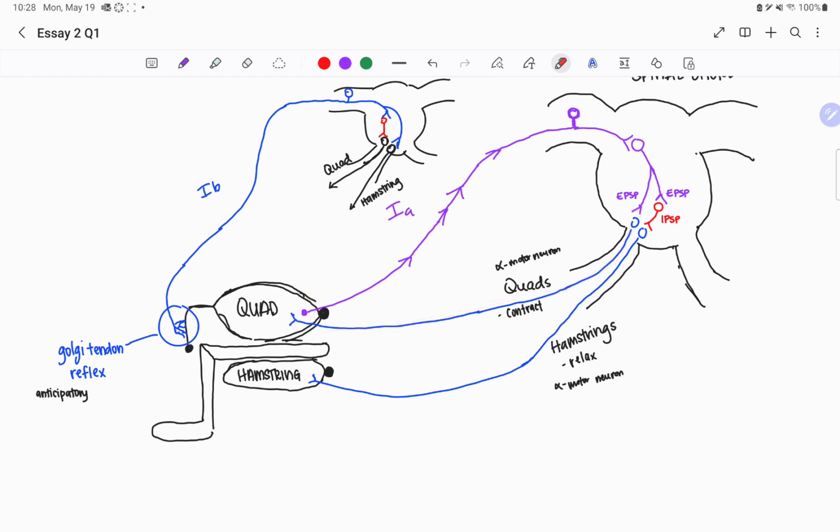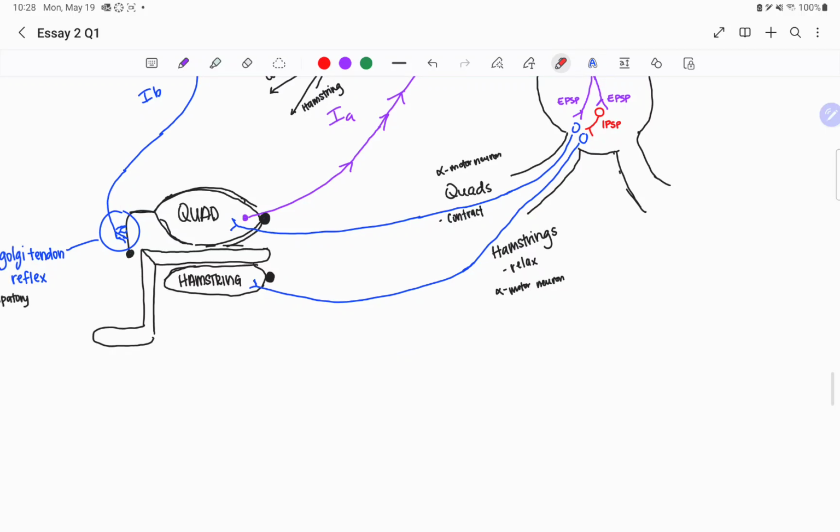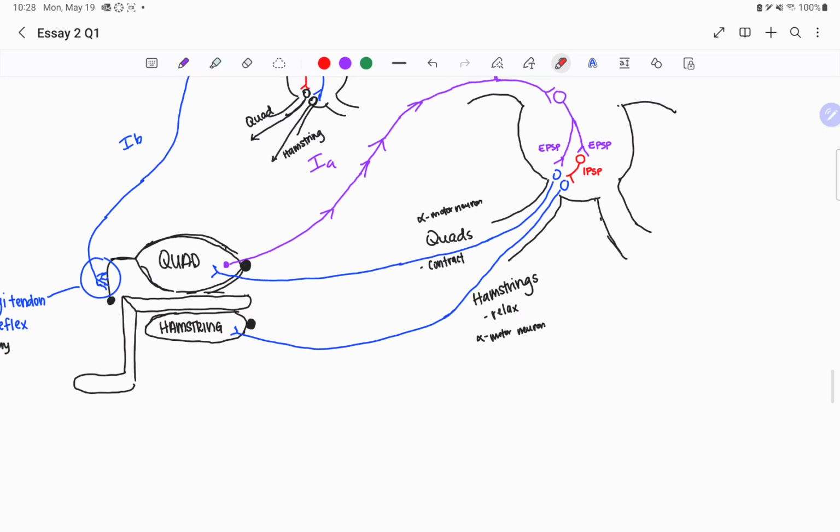That's why our leg kicks out a little bit. It's because those quads contract. With that small amount of pressure, the muscle spindles say, hey, we're stretching, I need you to contract, right? To kind of go against the stretch. So that's kind of what's happening.